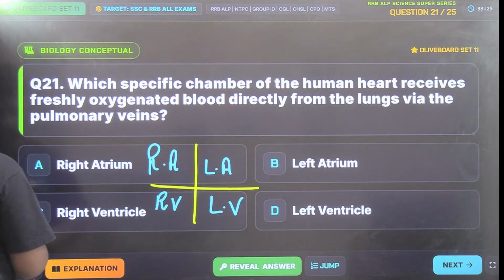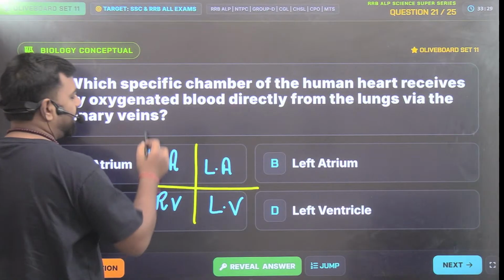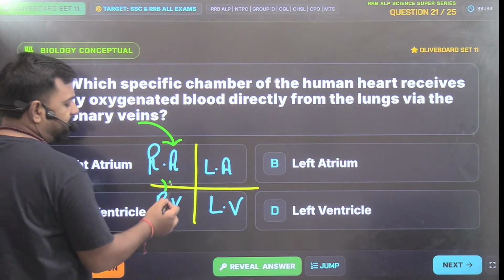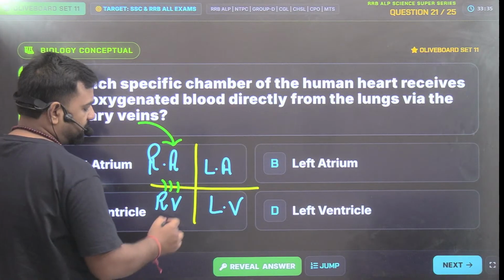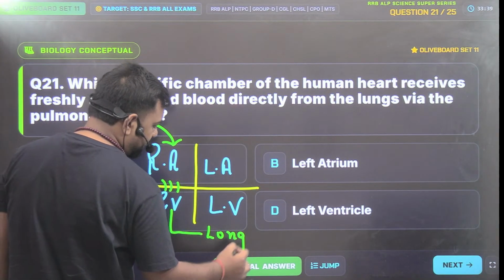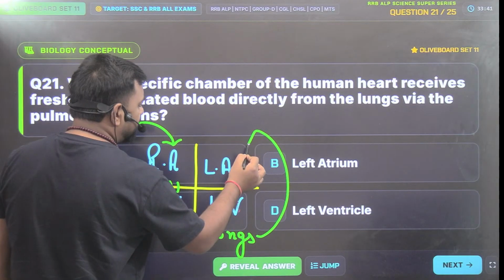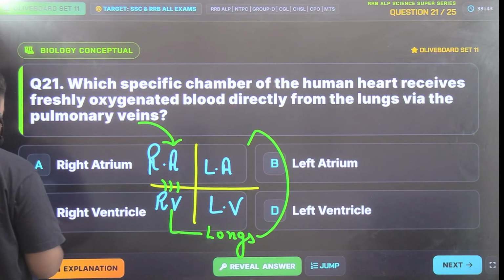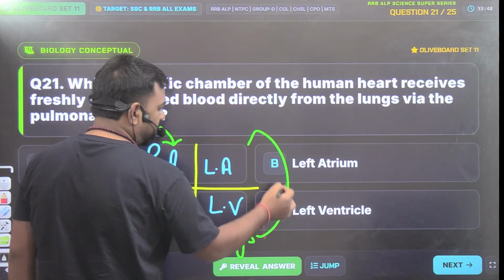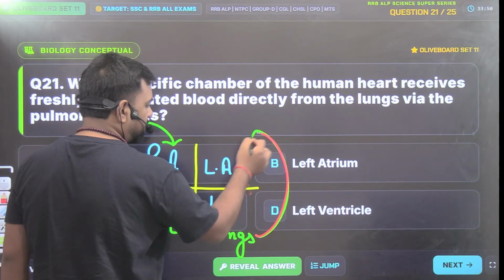Now, when the blood enters, it enters through the superior vena cava via the tricuspid valve. It reaches the right ventricle. Now it reaches the lungs with the help of the pulmonary artery, and the oxygenated blood, that is the blood with more oxygen, is obtained from the lungs.